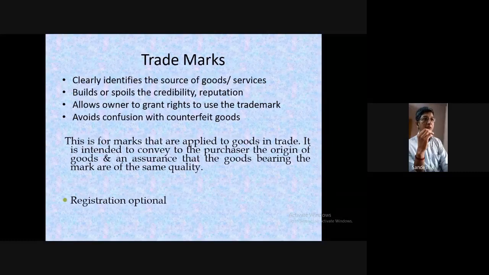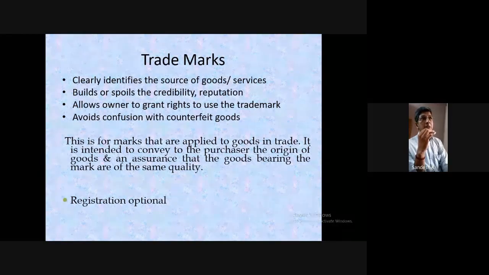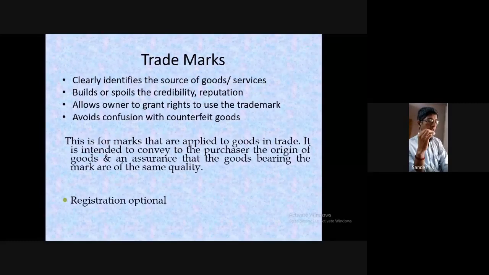If somebody wants to sell, he just gives the right to use that particular trademark. Especially, it prevents counterfeit goods. That means when there are counterfeit products or some unscrupulous activities going on, or similar products coming, then the trademark plays a very important role in identifying, okay, this is what I want to buy, for the customer.